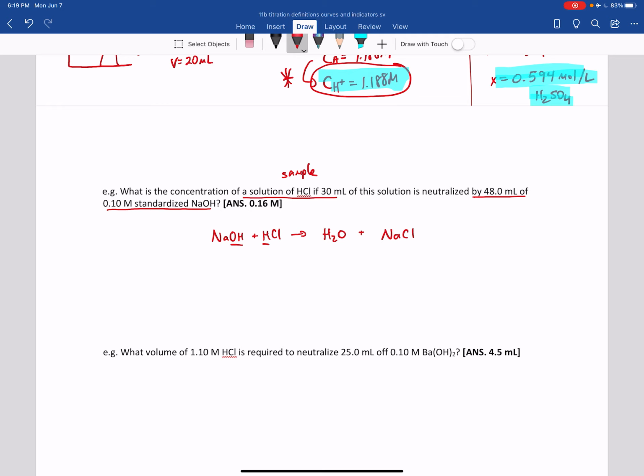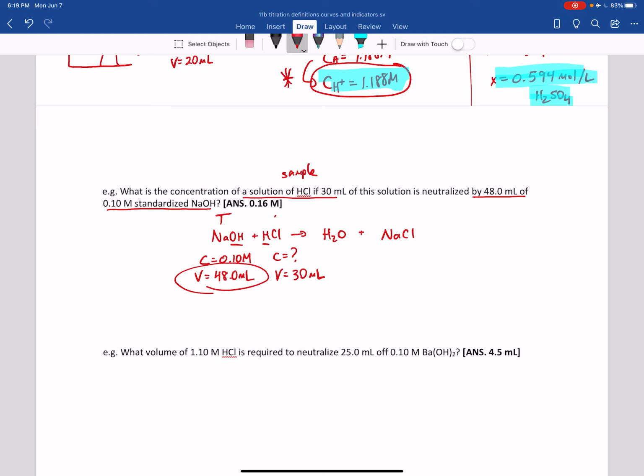So what we're telling ourselves is that the concentration of sodium hydroxide is 0.10. Its volume is 48.0 milliliters. We don't know the concentration of the acid, and its volume is 30 milliliters. So we can treat this like a stoichiometry problem, because that's essentially what it is. We just need to know when the color change happens to determine the volume of the titrant.